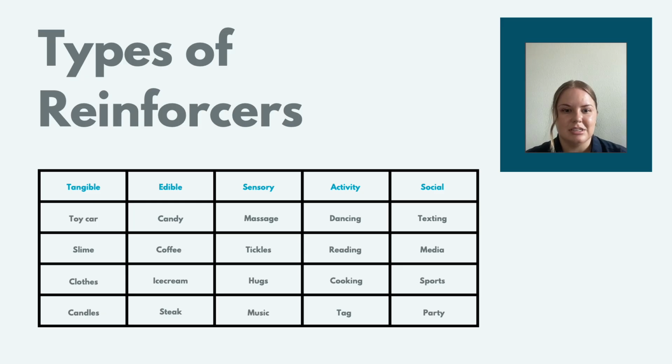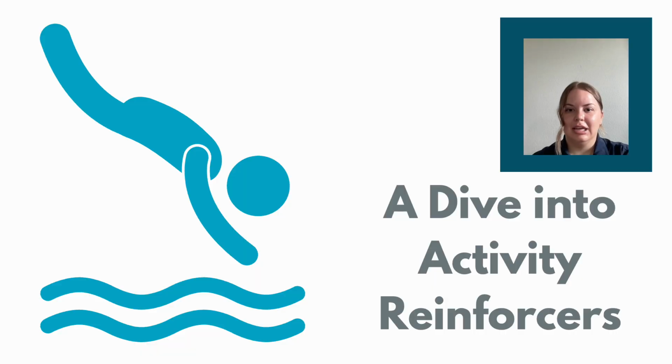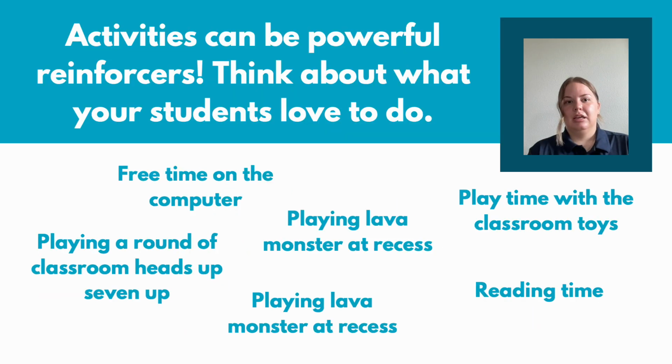Types of reinforcers. So there are 5 types of reinforcers. In the previous slide, we talked about activity reinforcers, and we're going to take a deeper dive into activity reinforcers and talk about them a little more. Activities can be such powerful reinforcers. You can take some time to think about the activities that you engage in that are so reinforcing, but we can also think about what activities our students love to do, the things that they look forward to all day long, get super excited about.